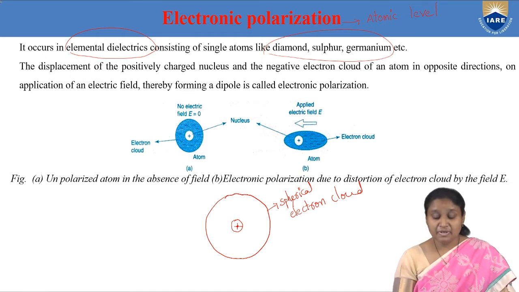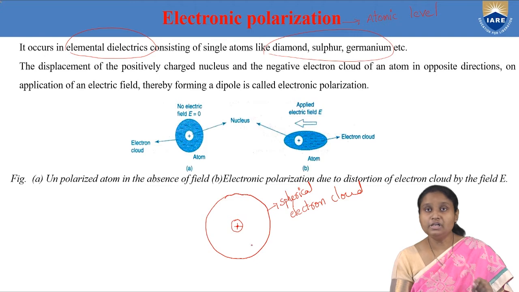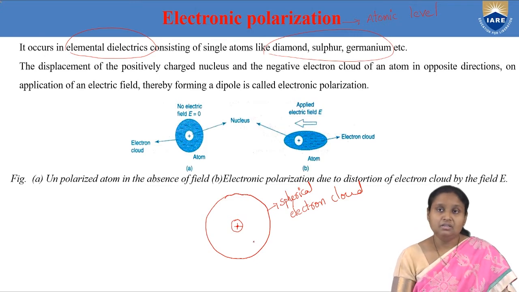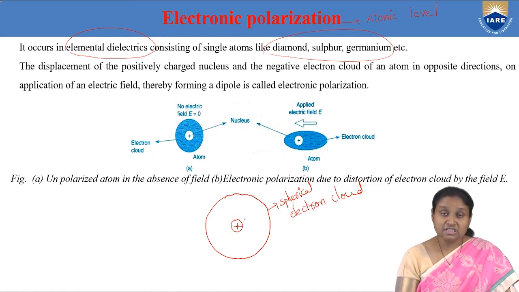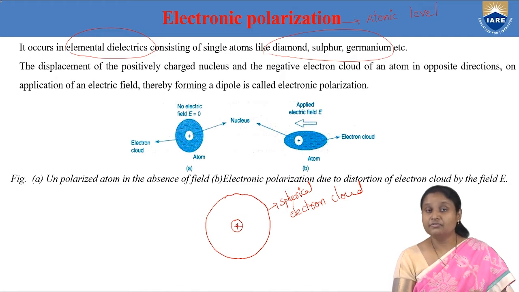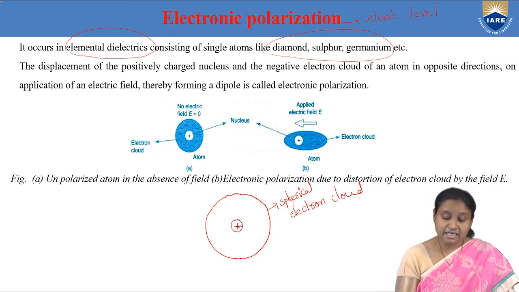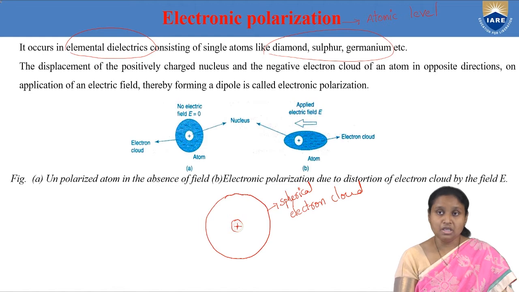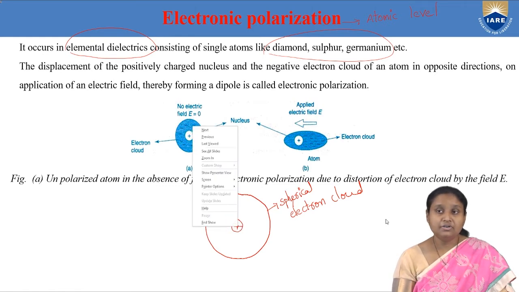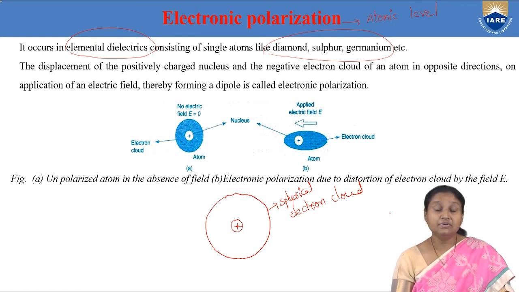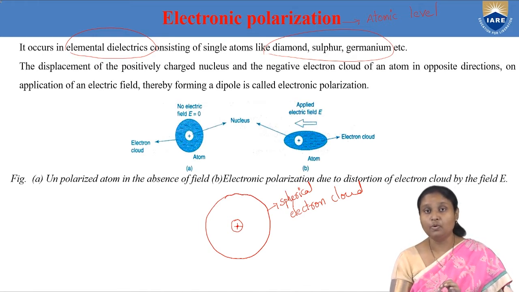When we are not applying any external electric field to this elemental dielectric, then for each atom, the center of the positively charged nucleus, which is called the center of gravity of positive charge, and the center of the electron cloud, which is assumed to be spherical, coincide at the same point.